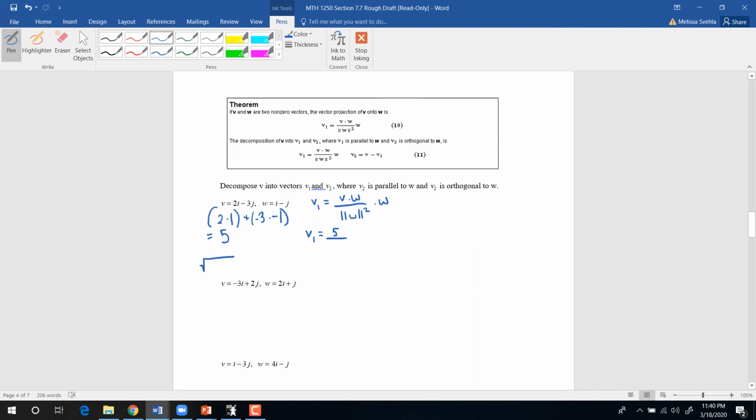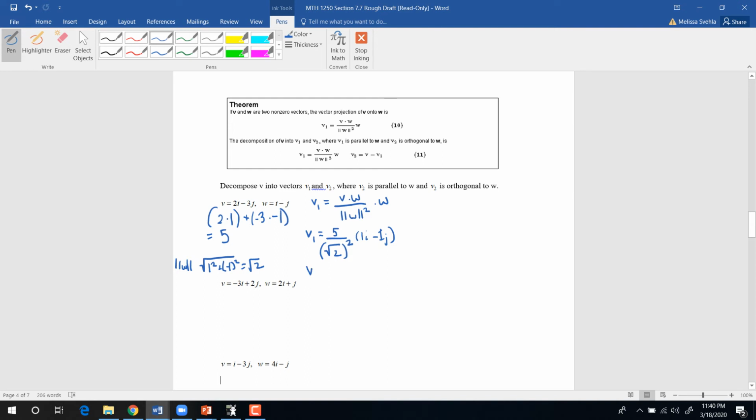If I do the magnitude of w, this is square root of 1 square plus -1 square, which is square root of 2. And I have square root of 2 square. And I'm projecting this over 1i minus 1j.